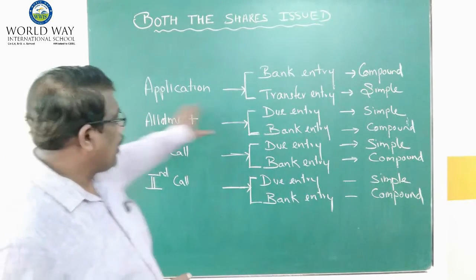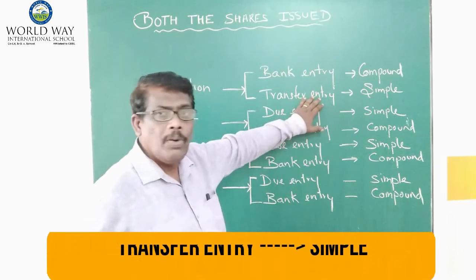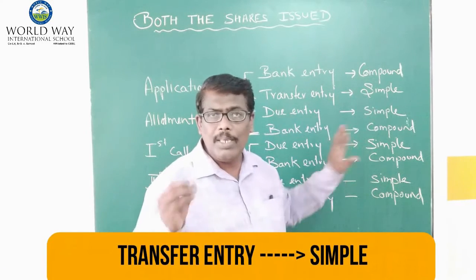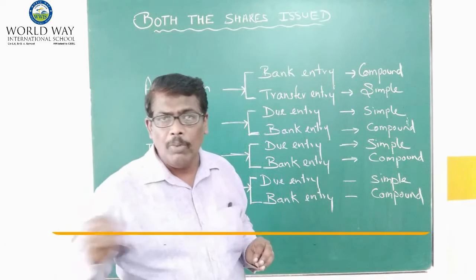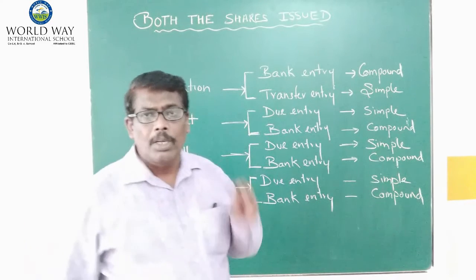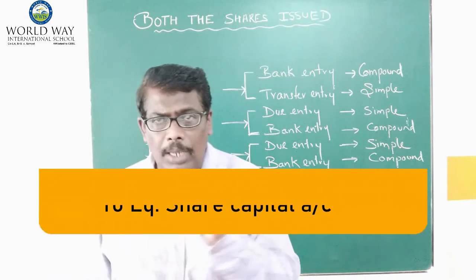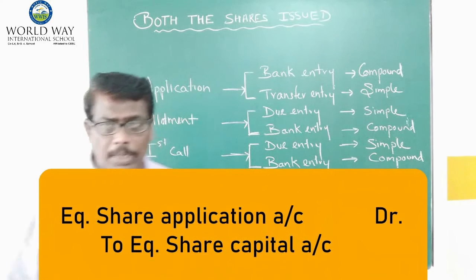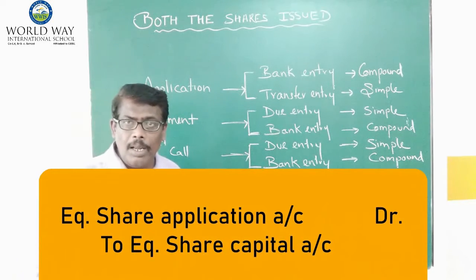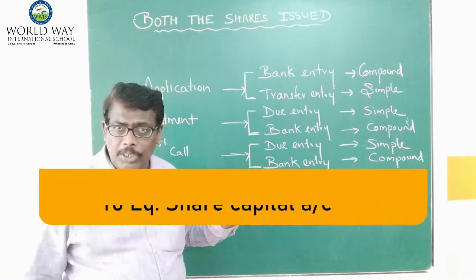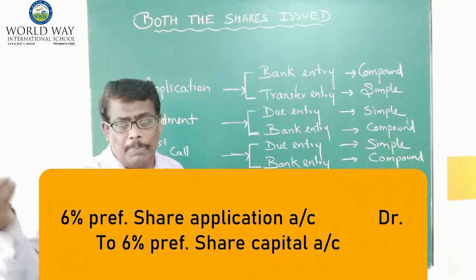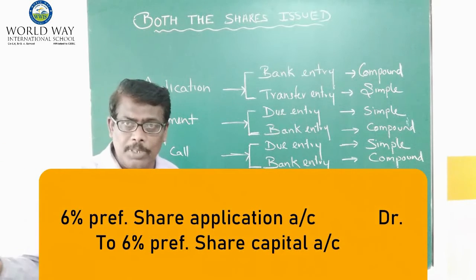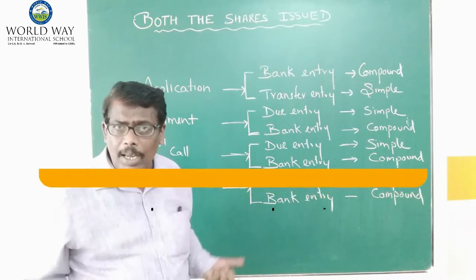Then at the time of transfer, we pass separate simple entries. For example, when equity share transfer happens, equity share application account is debited to equity share capital account. Similarly, at the time of transferring preference share, 6% preference share application account is debited to 6% preference share capital account.